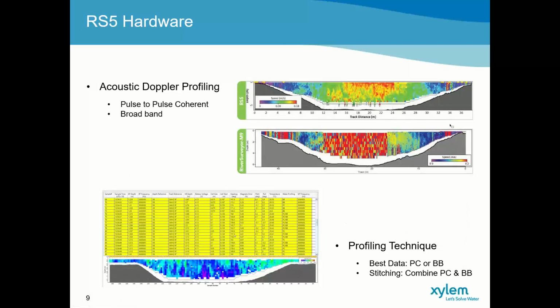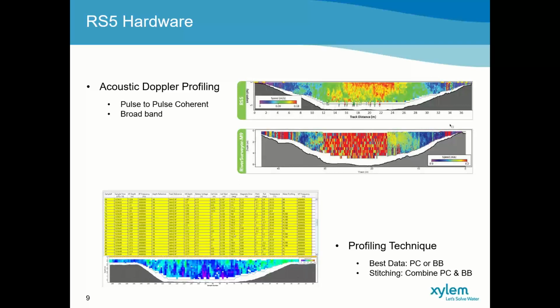In addition, with the hardware, there were a couple of developments done on the actual acoustic Doppler profiling. The first is broadband. SonTek developed their own broadband solution, which is based on years of research and lessons learned in the industry.